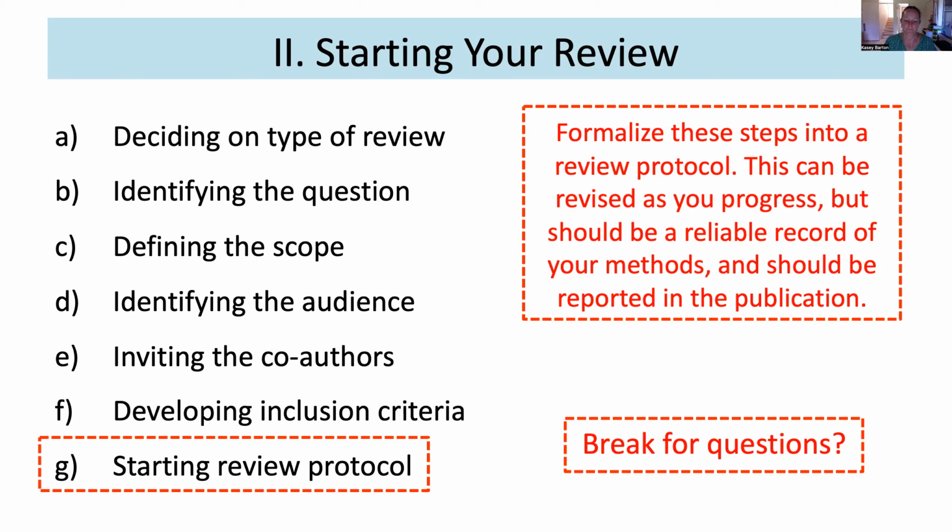So I would say that after all this planning, which does take a long time, but it's going to set you up for a really nice review, you want to synthesize what you've done at this point with an official protocol. Up till now, you probably have loads of notes, and here you are making an official protocol, which of course you can edit and revise as you go, but is a good starting point and can really confirm your thinking as you move into the next steps of compiling the body of literature that meet your inclusion criteria.